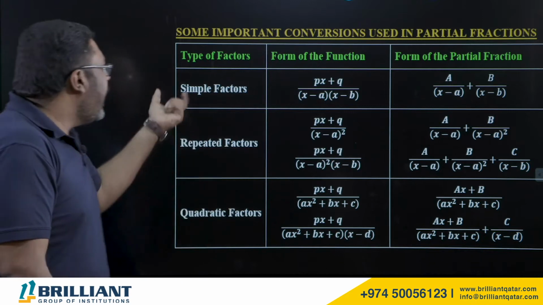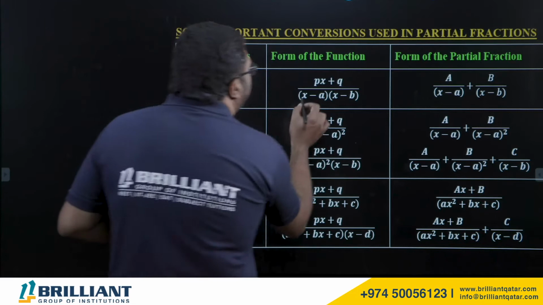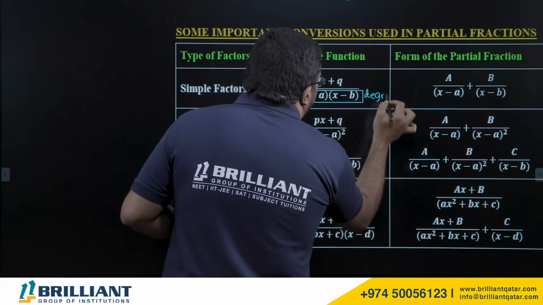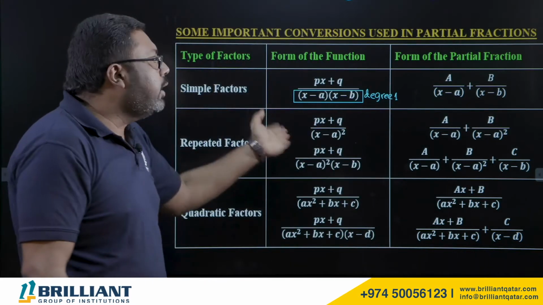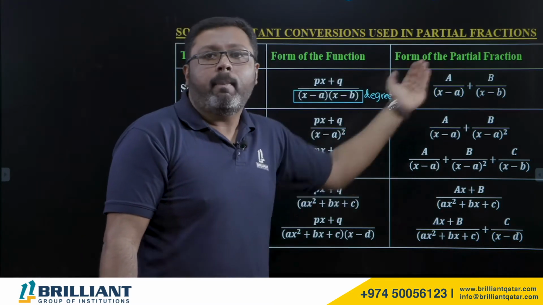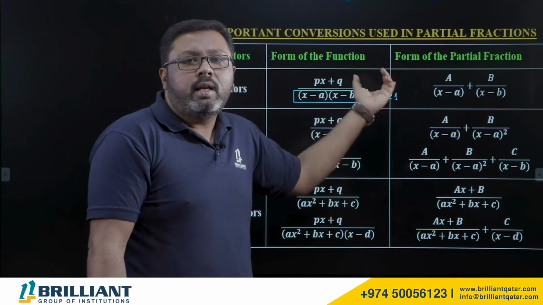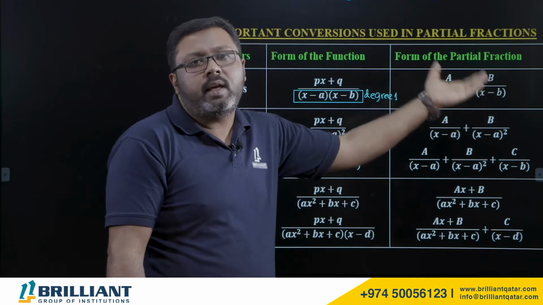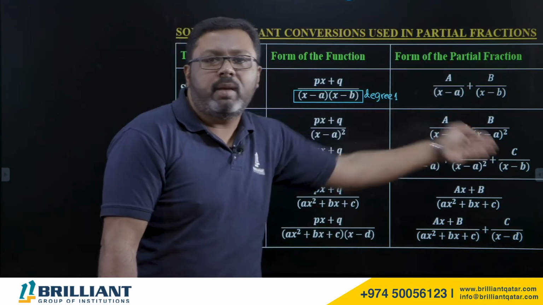If the denominator has simple factors like degree 1 factors, x minus a, x minus b, then the partial fraction form is a by x minus a plus b by x minus b. That is, each simple factor is associated with an arbitrary constant a, b, c and so on. So here we have only two factors. So a by x minus a plus b by x minus b.